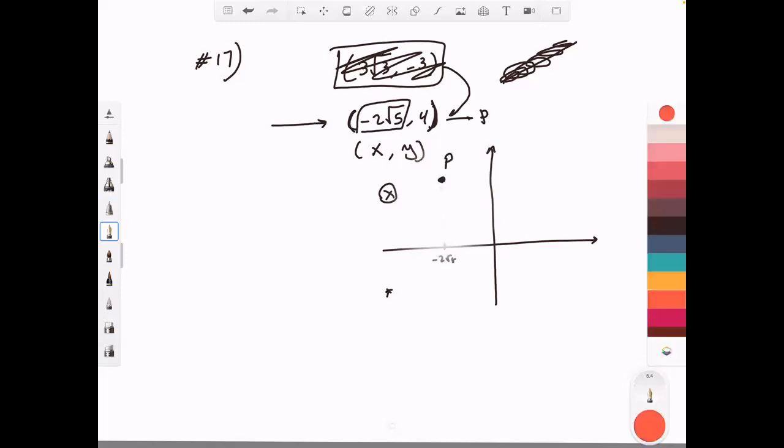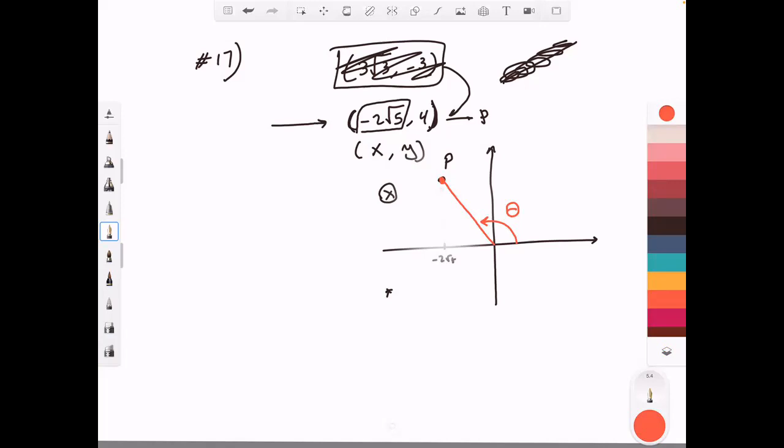Now, this makes an angle. This is our theta. So in your multiple choice, you will pick the one that has this characteristic. Do you have that option? Okay.